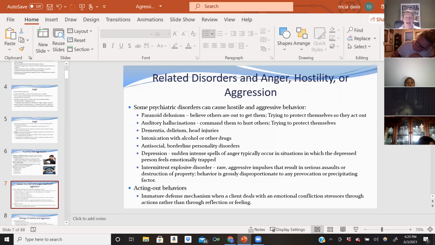Then we have patients that have what's called intermittent explosive disorder. This disorder is very rare, but it is characterized by aggressive impulses that result in serious assaults or destruction of property. So behavior with this disorder is grossly disproportionate to any provocation or precipitating factor.